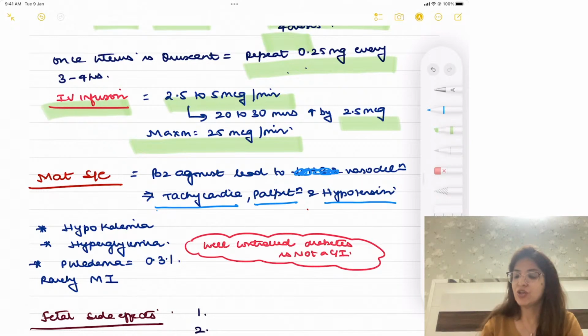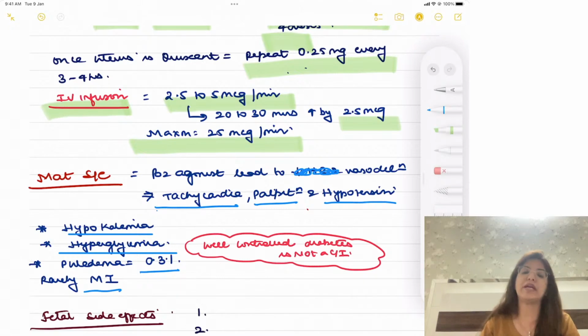Apart from that, you may get hypokalemia and hyperglycemia. Rarely, in 0.3% of patients, there may be pulmonary edema and rarely there may be myocardial infarction. Please remember that although it leads to hyperglycemia, if diabetes is well controlled, then it is not contraindicated.